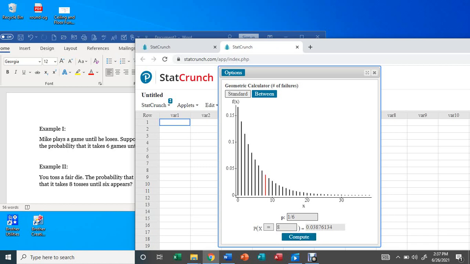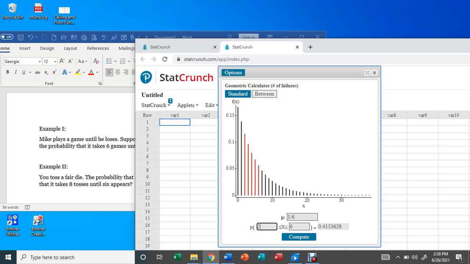And you can do a standard one like these two examples, or you can also do between. For example, what's the probability it will take between, say, 4 tosses and 6 tosses before you get a 6?